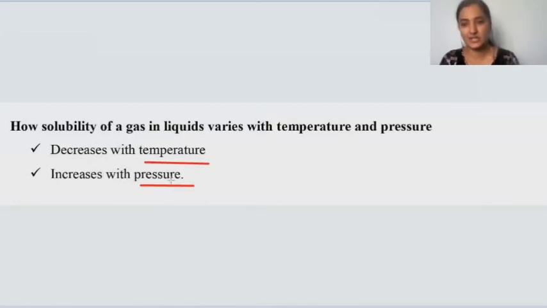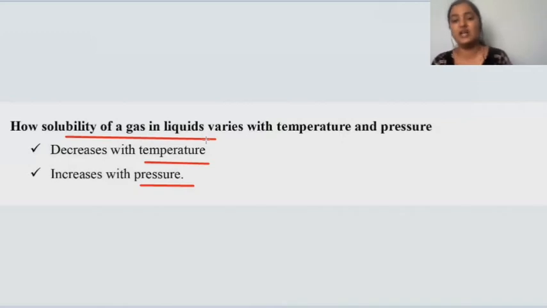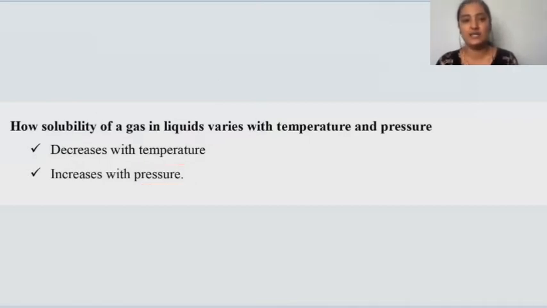If such is the condition, as you increase the pressure, the solubility of a gas in a liquid is going to increase. As you decrease the pressure, the solubility of a gas in a liquid is going to decrease. This is how the solubility of a gas in a liquid varies with temperature as well as pressure. Now let us head towards the next question, children.